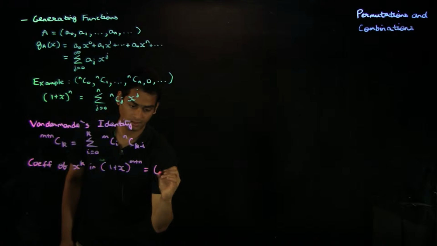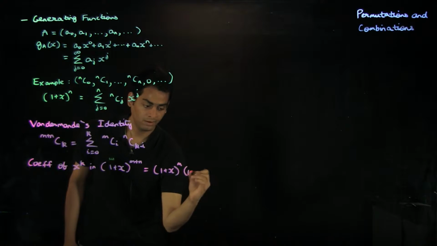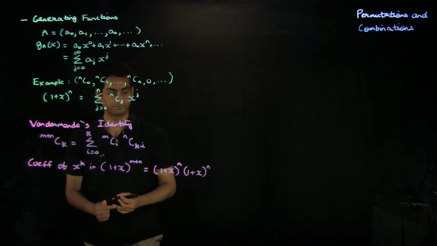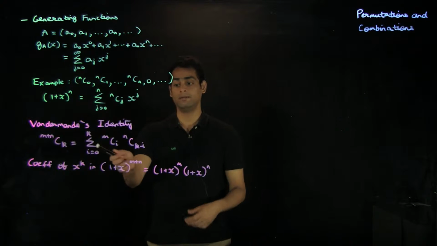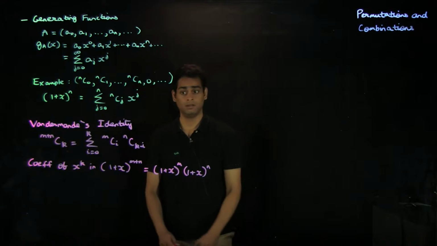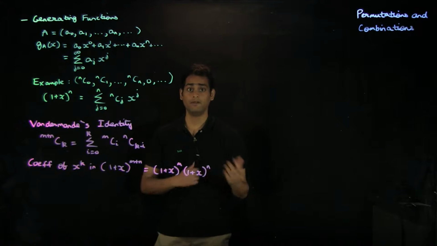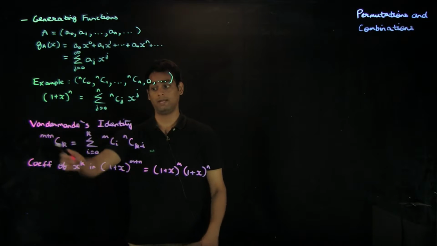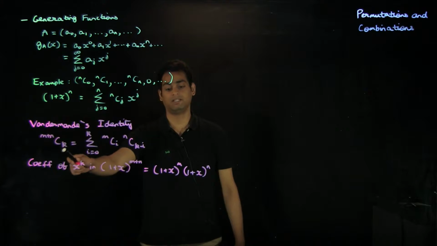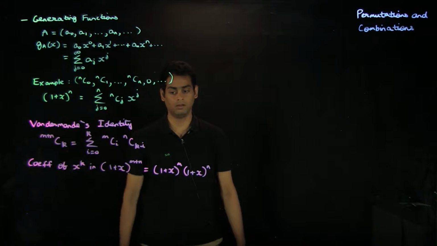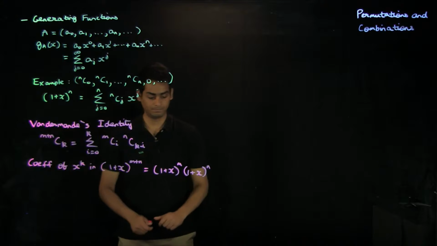The right hand side can be obtained by looking at 1 plus x to the whole power m plus n as 1 plus x to the whole power m times 1 plus x to the whole power n. Once you consider these individual expansions and multiply them out, you can derive the right hand side as the coefficient of x power k in this product. So this is one way in which generating functions can be used.